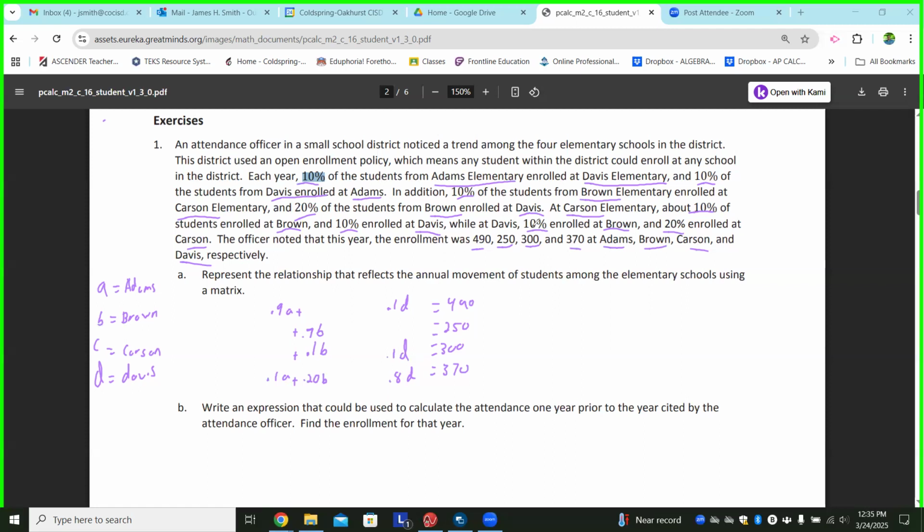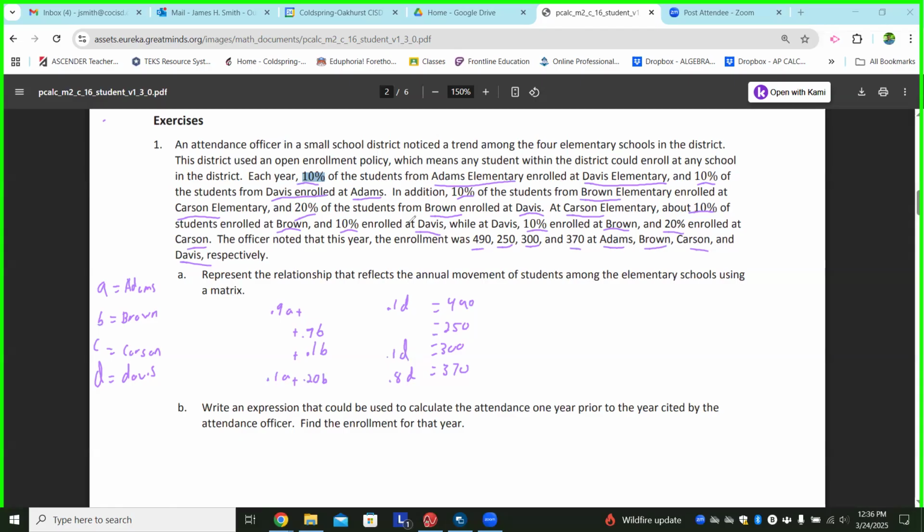While at Davis, 10% at Brown. But we already have that. Did I already say that? So 10% of students at Brown and 10% enrolled at Carson Elementary.